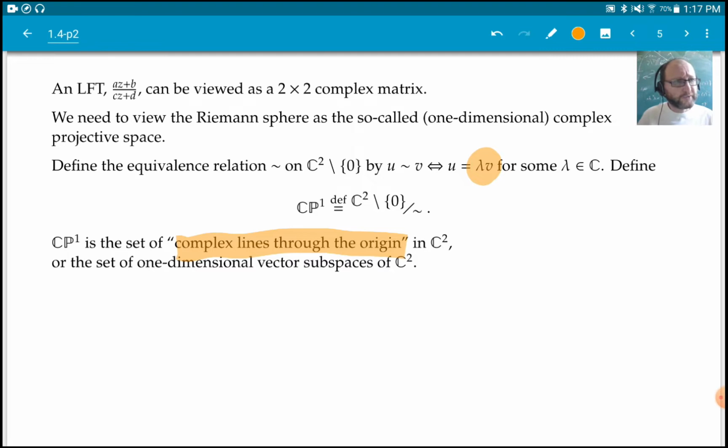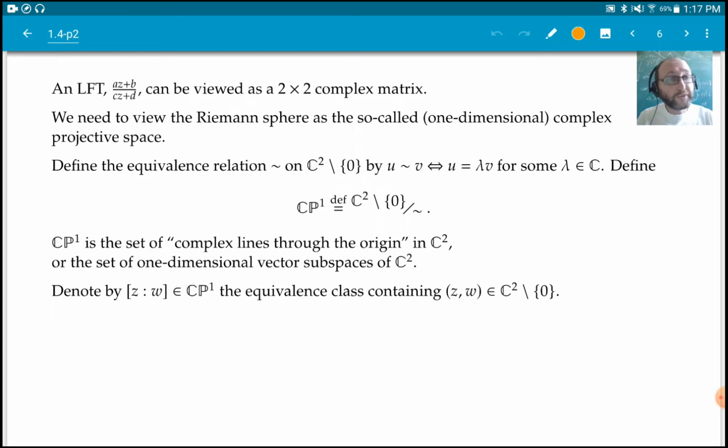Well, that's going to give you a complex line. So the complex line is going to be one of these equivalence classes. Equivalently, it's the set of one-dimensional vector subspaces of C2. And of course, these complex lines are the ones that go through the origin, because the origin is in all of them.